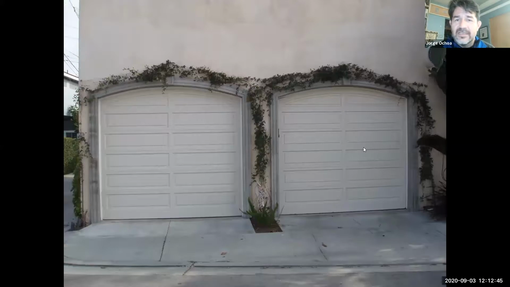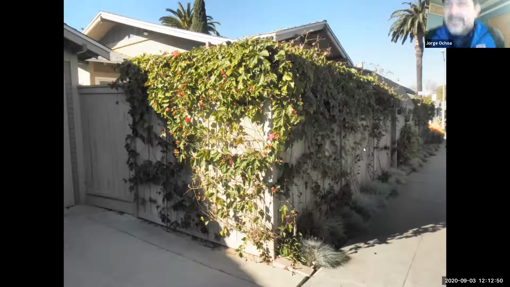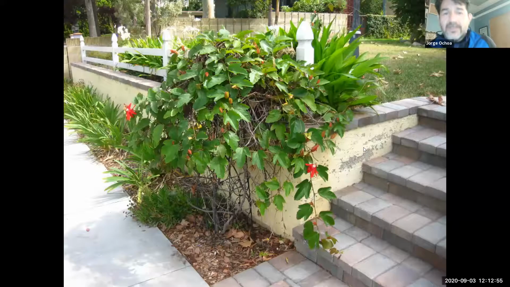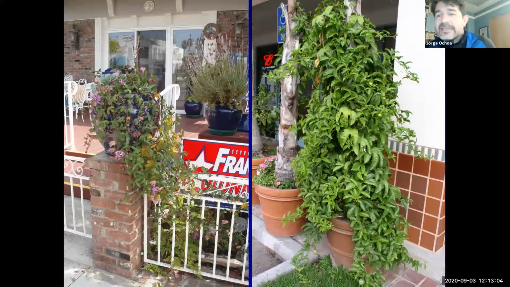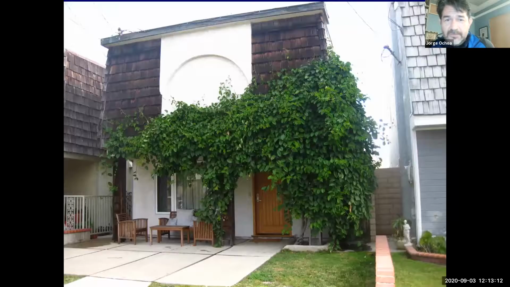So entryways, here's a garage that has passion flowers, and even just draping over a fence, they're going to do quite well. And growing on some kind of structure, they're going to do quite well. Another archway here, and even in containers or pots, they can grow well and they will flower and fruit if that is what you're looking for. Or just a house with nothing but passion flowers in the landscape. As long as you give them the support, the structure to climb on, they will take over an area.